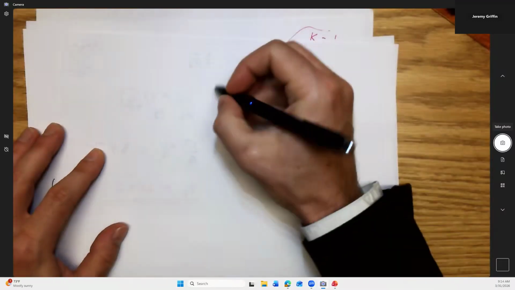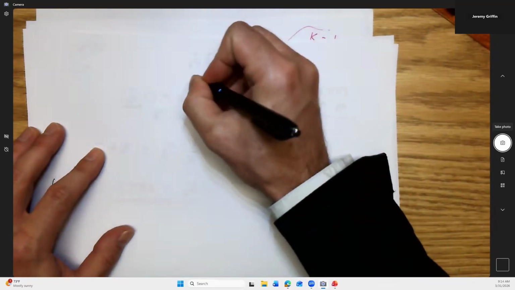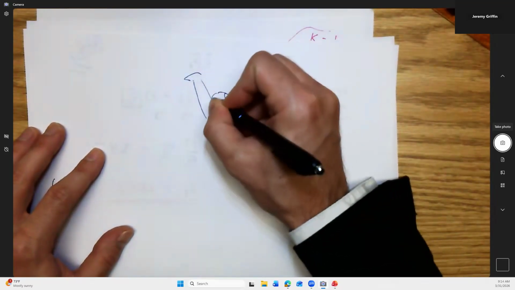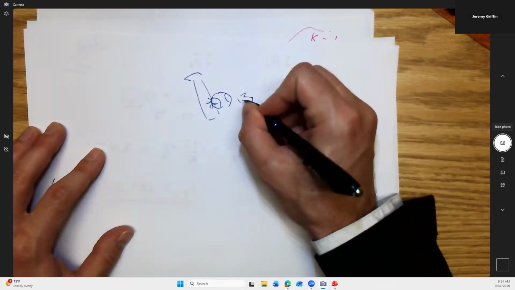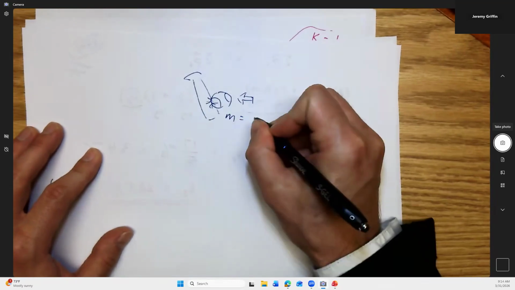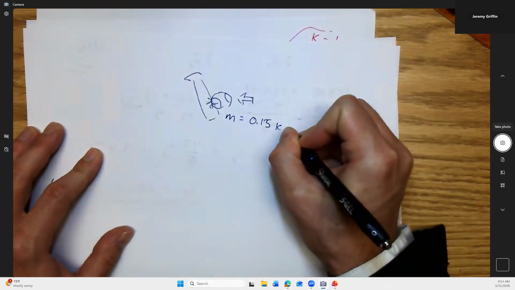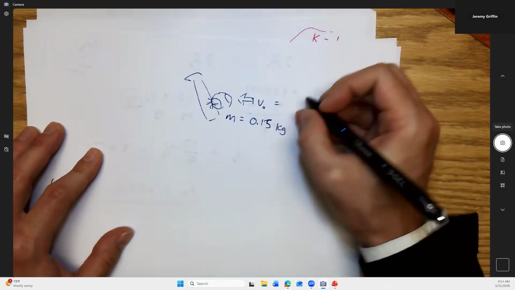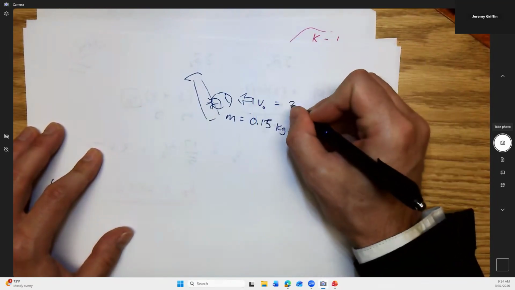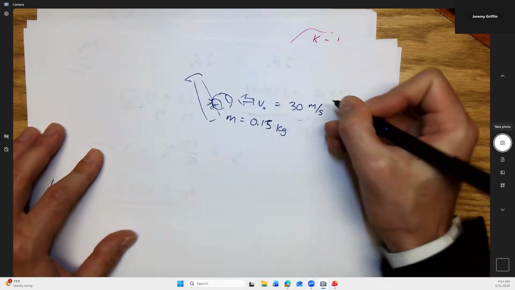Let's say I have a ball coming in. It's going to be hit by this bat. It's like pow. Let's use a baseball, 0.15 kg, coming in at 30 meters per second.